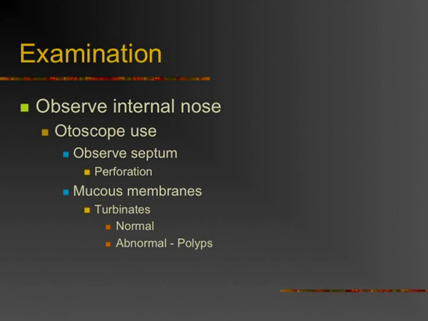Color is important for the turbinates. The red that you'll see is typical in infection and inflammation. Allergy will present turbinates that are pale and boggy and gray, and sometimes purple with chronic rhinitis. Chronic conditions will do this.